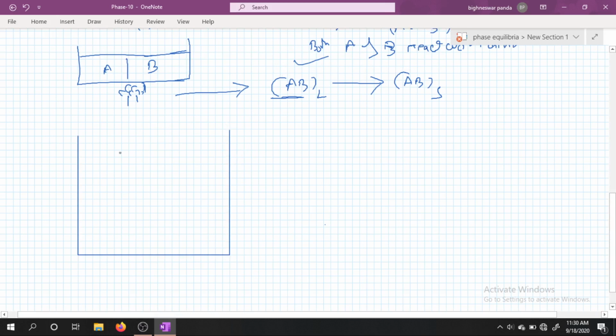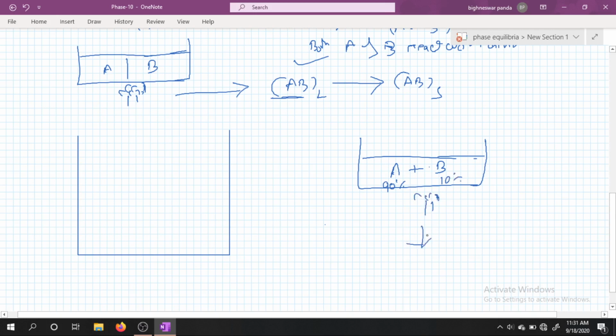So let us consider we have a mixture of A plus B, in which we are taking A 90% and B 10%, and we are heating.